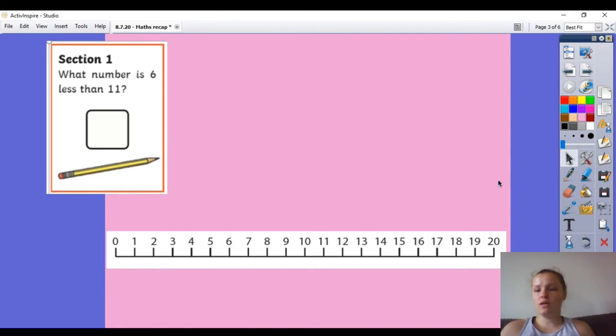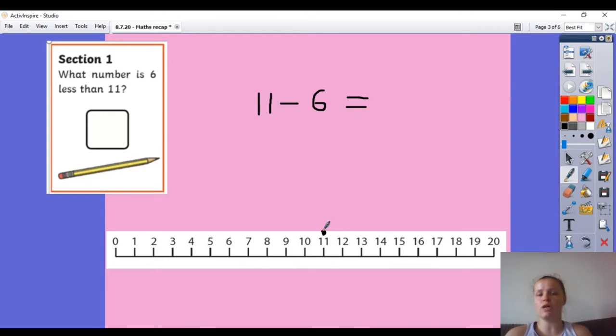Okay, so to work out that question, we need to start on 11. So it's basically 11, our number sentence is 11, take away 6 equals. Okay, so I'm going to put my marker on 11, and I'm going to give you a few seconds to work out what 11 take away 6 is. So remember, use the number line to help you if you need to, and count back. How many? Count back 6.